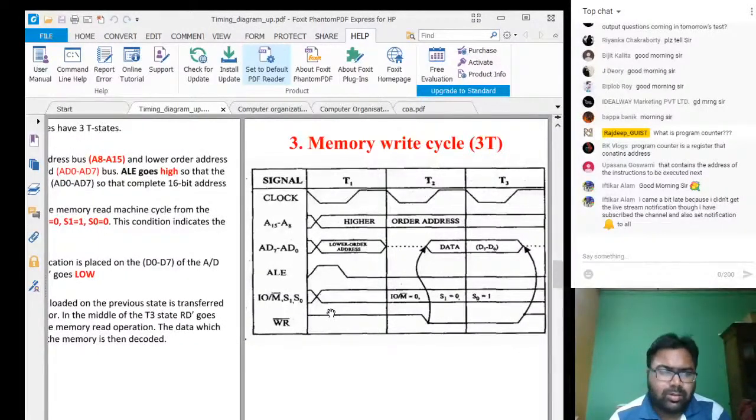The rest of the things are the same. These things are always similar for all the cycles, almost: opcode fetch, memory read, memory write. The only thing which is different is the activation line. For memory read you have RD, and for write you have WR.